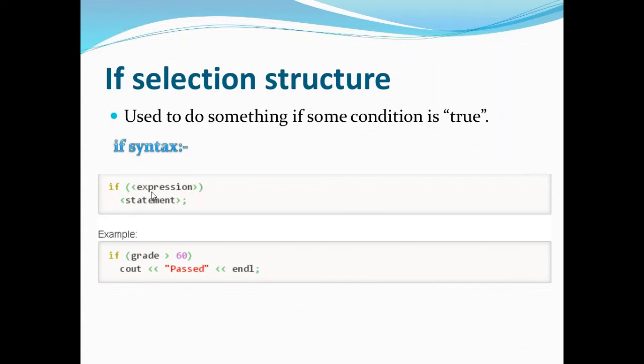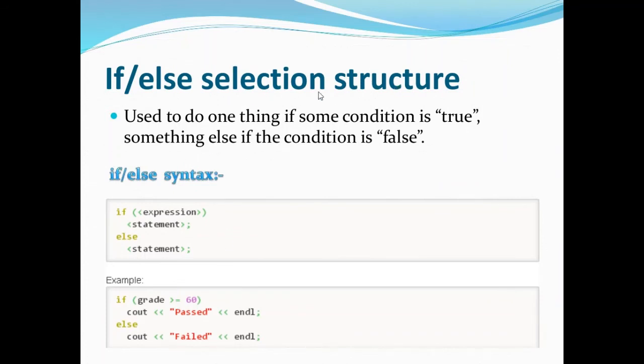Let us first see the syntax of if: an expression in the parentheses, then statement. If the condition written in between the parentheses is true, then the statement written just after if will be executed. For example, if grade is greater than 60, it will display passed.